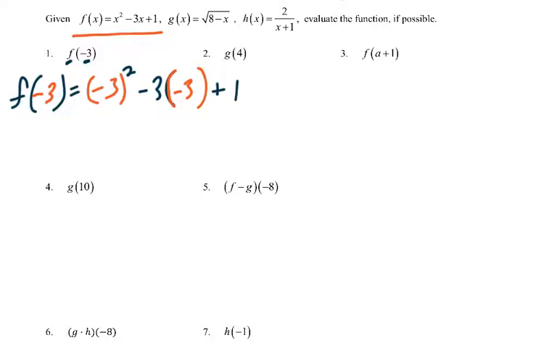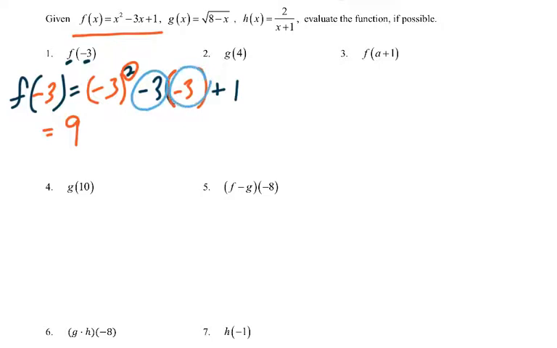I want to make sure that things like this exponent applies to the -3 and not just to a 3. So when I evaluate this, I end up getting -3 squared, which is positive 9, because -3 times -3 is positive 9. Then we have this -3 times -3.